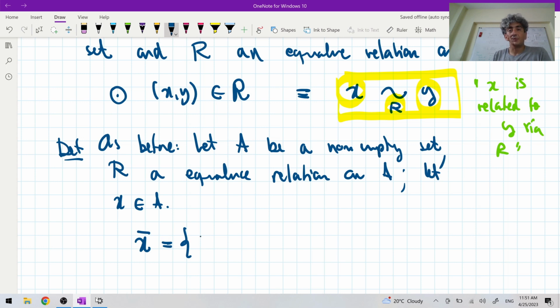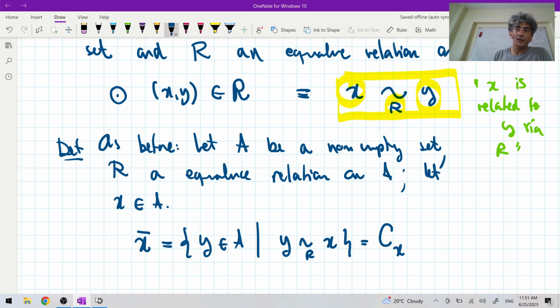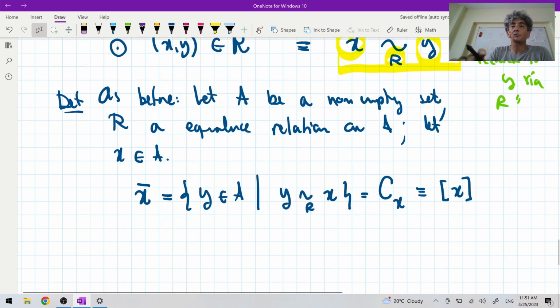It's the set of elements Y of A such that Y is related to X. This is what we call the equivalence class of X. Sometimes we'll just write C sub X, or sometimes we're going to write X between brackets. All these are similar notations, but what's important here is that this is a set.